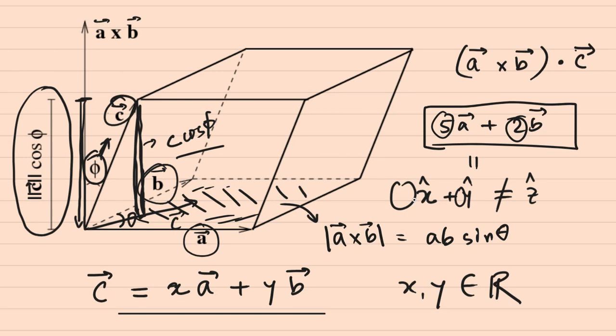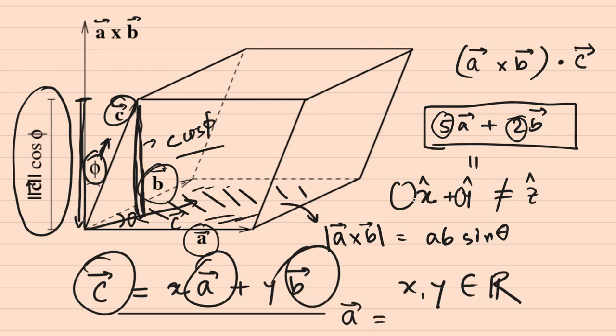Whereas in this scenario, as we can see, C is linearly dependent on A and B. Of course, if C is linearly dependent on A and B, we can also say A is linearly dependent on C and B, with some numbers, for example, probably minus 2 plus 4 or something else.